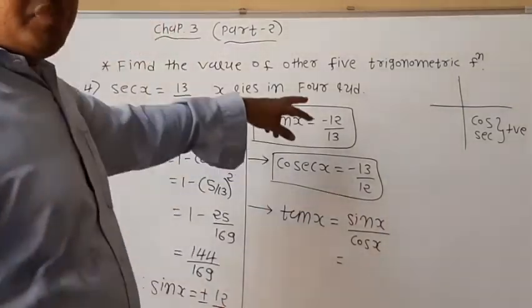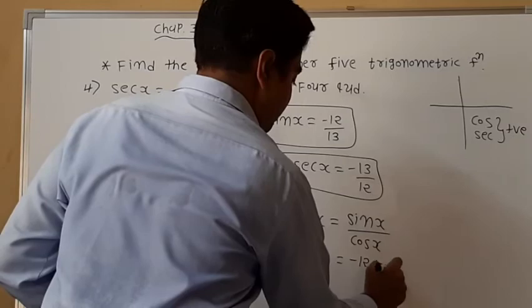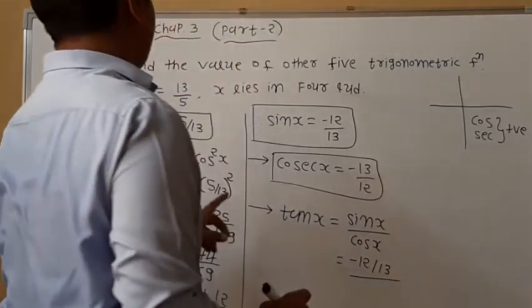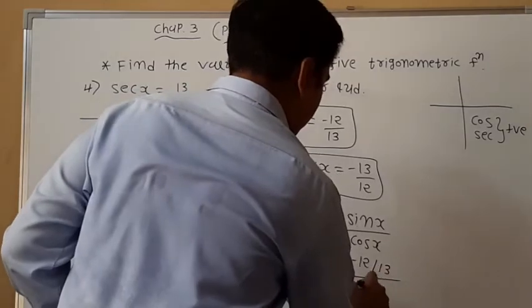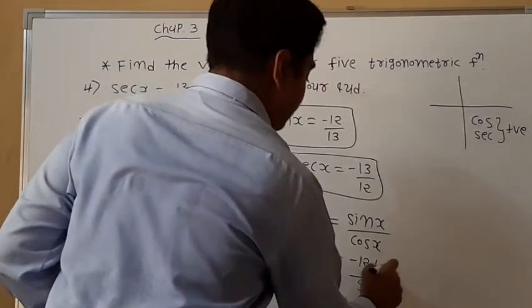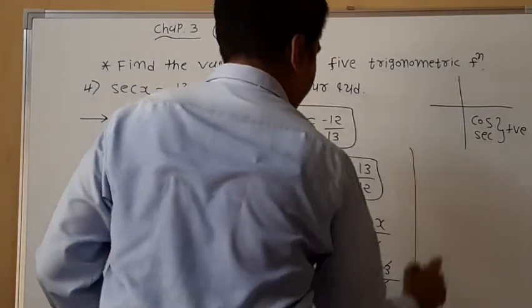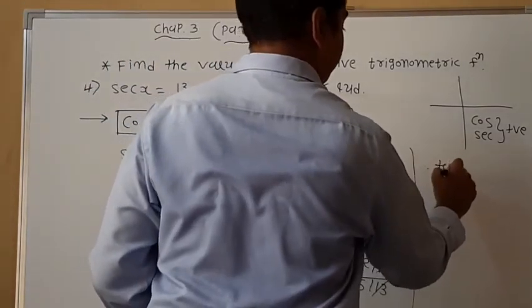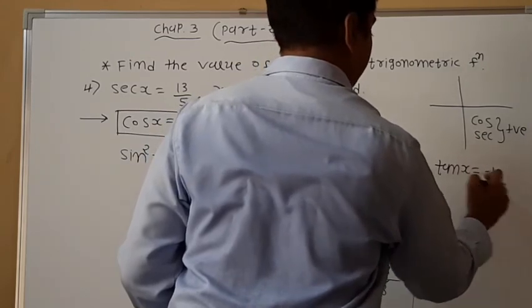Putting sin x as minus 12 upon 13 and cos x as 5 by 13, the 13 cancels out. So the value of tan x is equal to minus 12 upon 5.